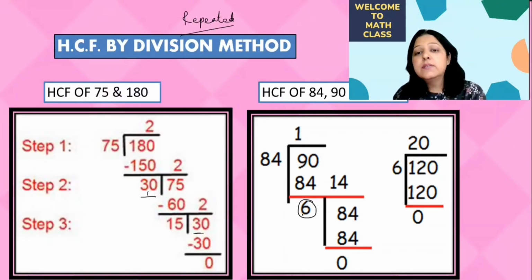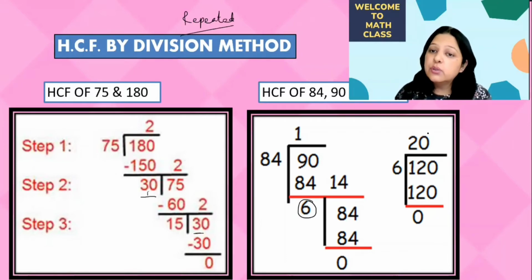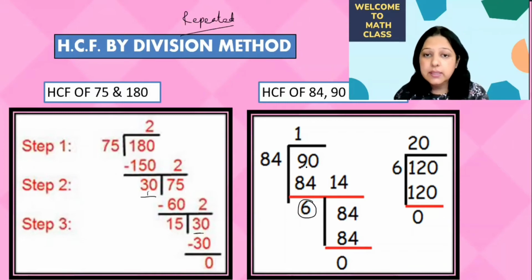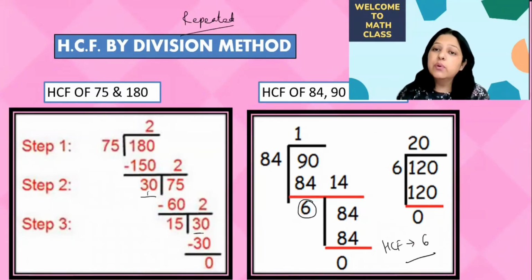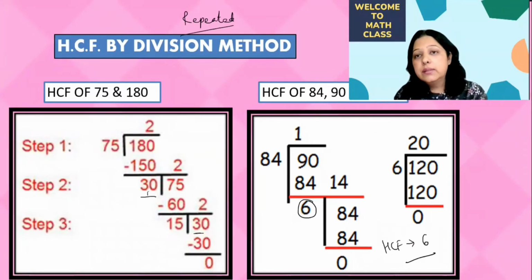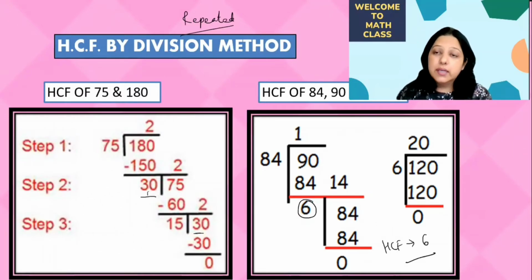Now take this HCF 6 and divide 120 by 6 and solve it like in the previous case, until we get the remainder 0. After getting the remainder 0, the last divisor will be the HCF. So in this case, HCF is 6. When you have more than three numbers, you can apply this repeated division method also. So this is the second method of finding the HCF.